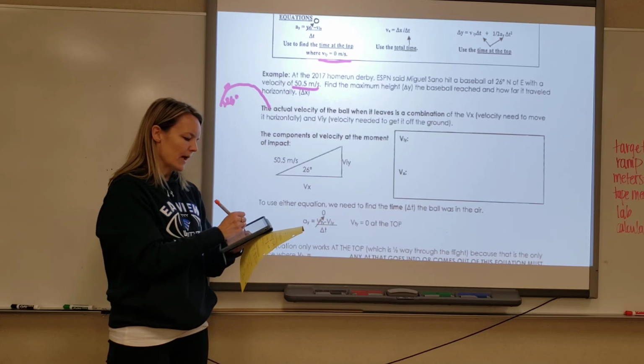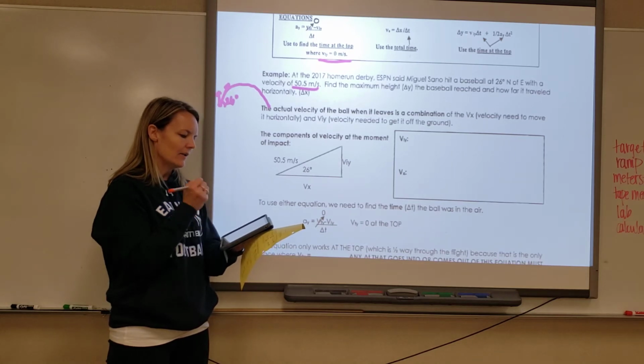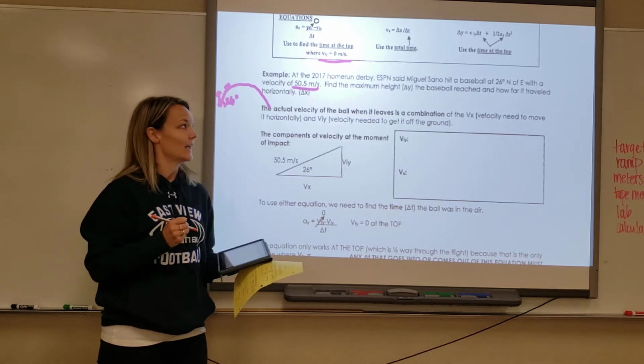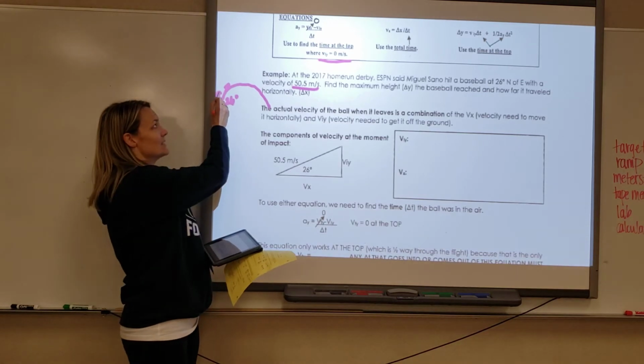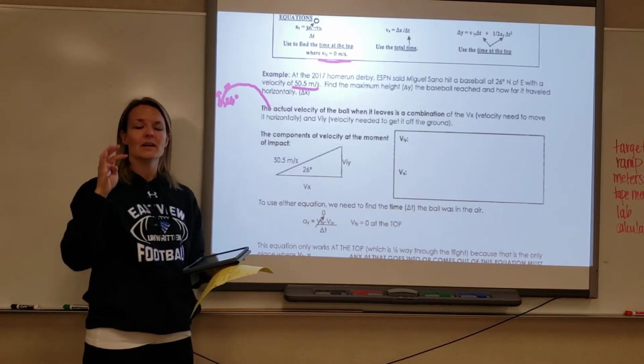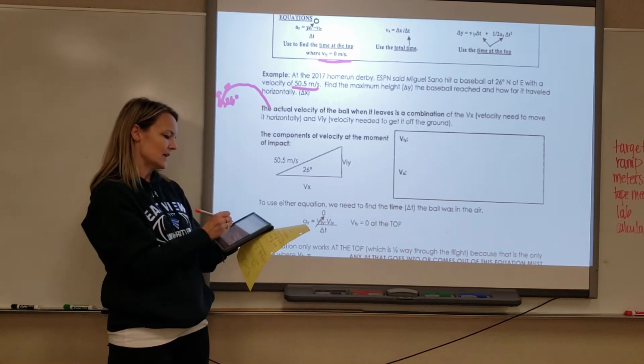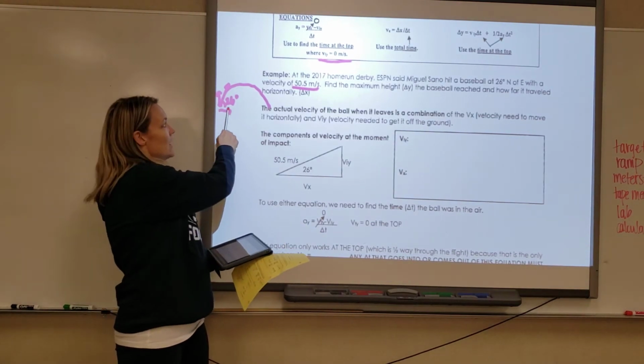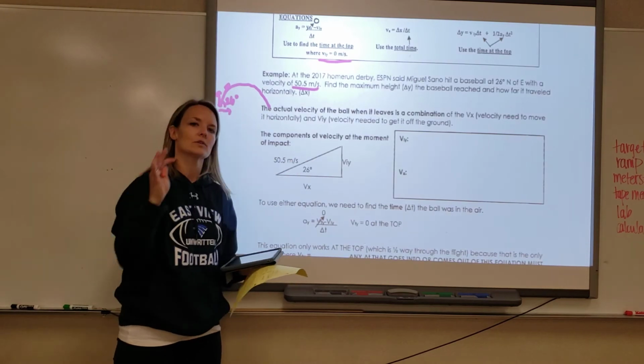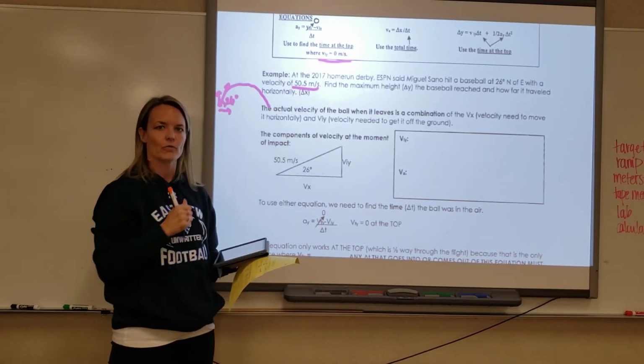At the moment of impact, right here, that 50.5 meters per second, some of it is the velocity in the y direction in order to get it off the ground, and some of it is the velocity in the x direction in order to push it outward so that it becomes a home run and goes over the fence.